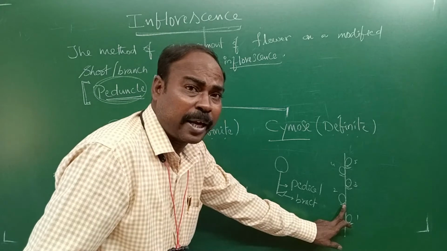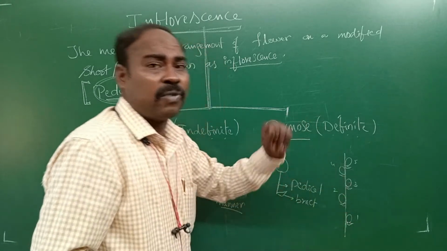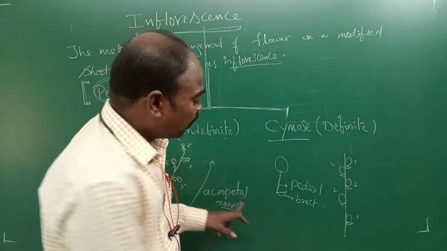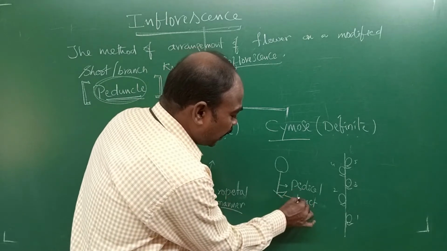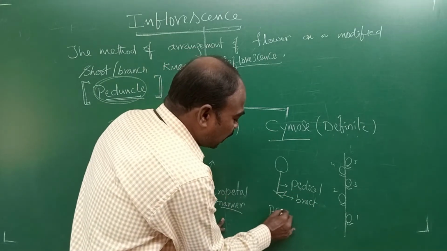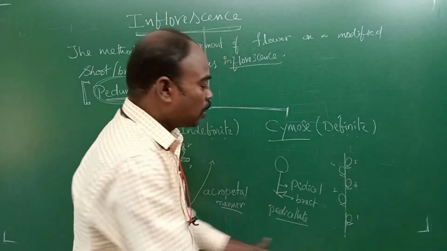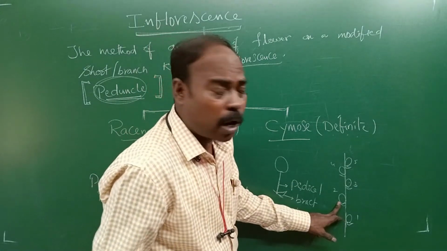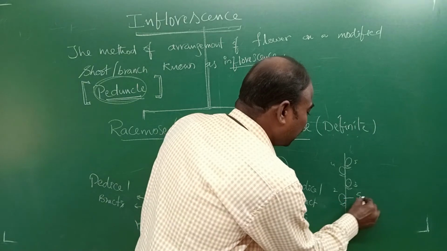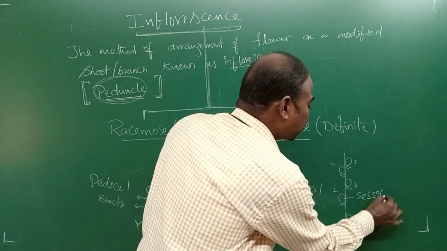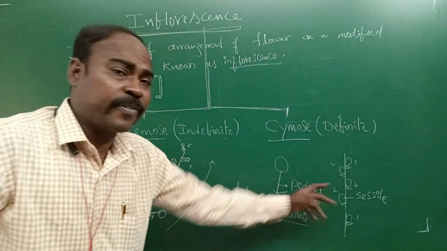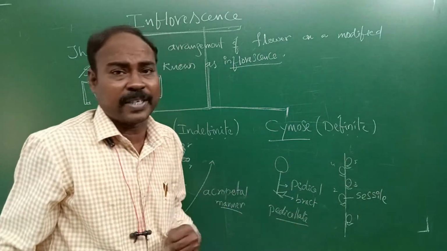Such flowers are said to be sessile flowers. Suppose the flower has a pedicel, it is called what? Pedicellate flower. Suppose the flower does not have a stalk, these flowers are said to be sessile flowers. Right? You make the difference between pedicellate flower and sessile flower.